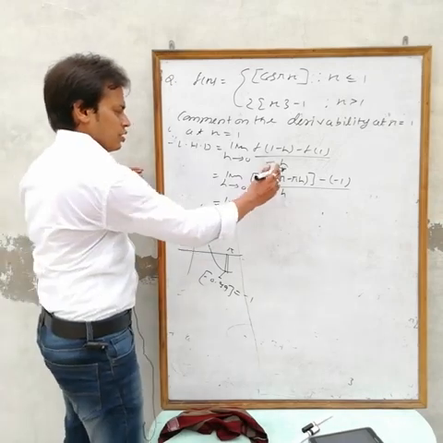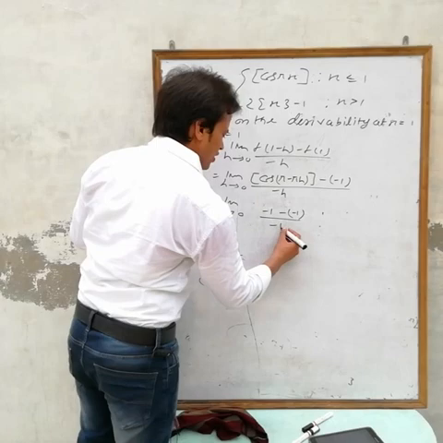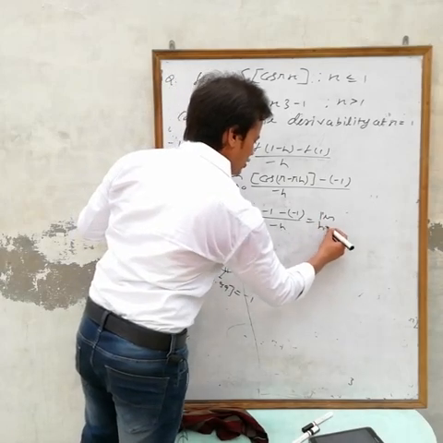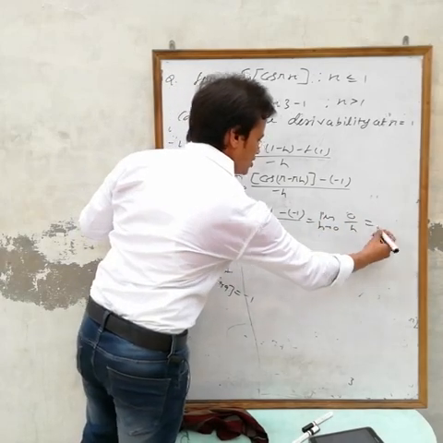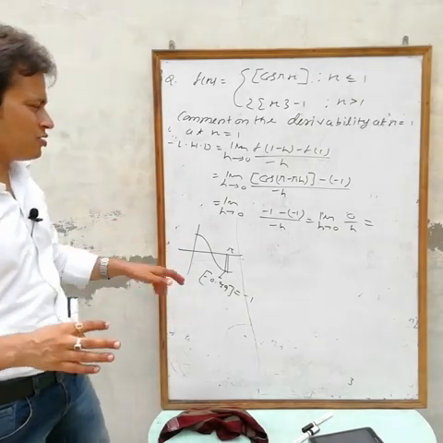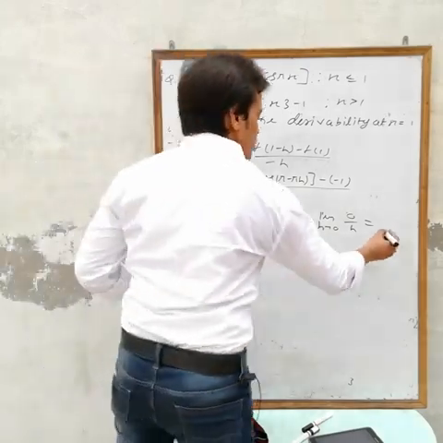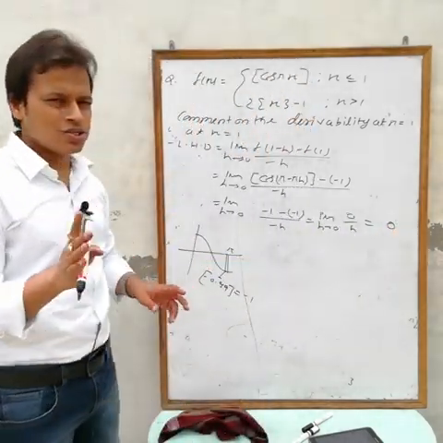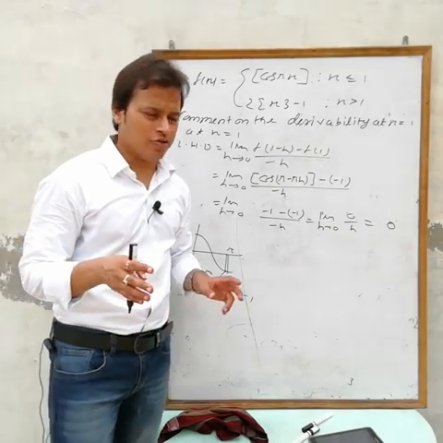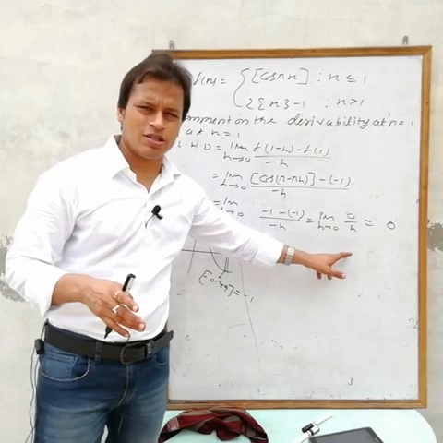So minus 1 minus minus 1 by minus h. What we are getting, limit h tending to 0, we are getting 0 by h. We have to put the value of h at the end. After completely solving, this is exact 0 by tending-to-0 form, so this is equal to 0. 0 by h is not an indeterminate form, this is exact 0 and h is tending to 0, so 0 by h is 0.